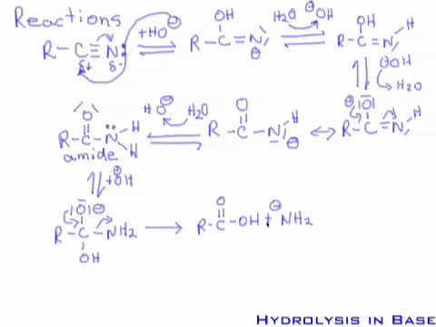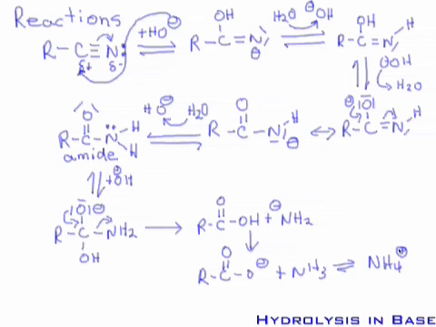Very, very quickly, this very powerful base will deprotonate the acid and you end up with RC double bond O, O minus and NH3. And under aqueous conditions, even in hydroxide, NH3 may go to NH4 plus, making ammonium hydroxide, because NH3 is a more powerful base than even hydroxide.